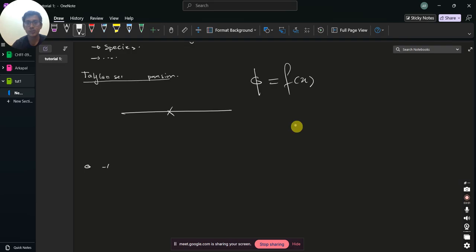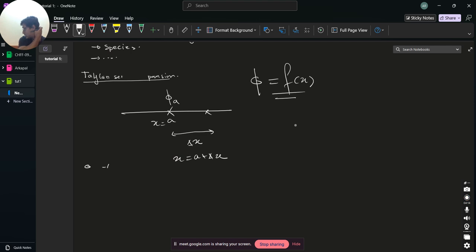Okay, so this phi, for example, is a function of x, and we have, for example, at x equal to a, a value of phi which is phi a. But now we want to find the value of phi at a distance of x is equal to a plus delta x.